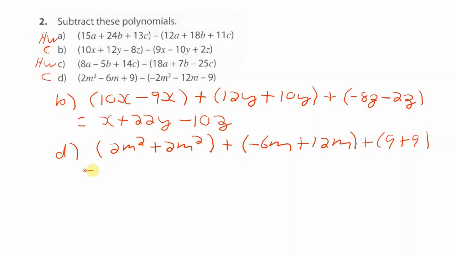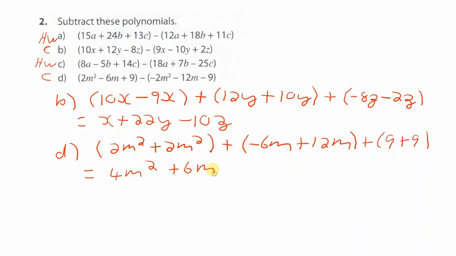Now we can simplify inside the brackets because it's like terms. We can add like terms. So we have 2m squareds. We get another 2m squareds. Therefore now we have 4m squareds. If we look at our m's, we owe 6. We get 12. So we will have a positive number of m's. It's the difference between 12 and 6, which is 6.